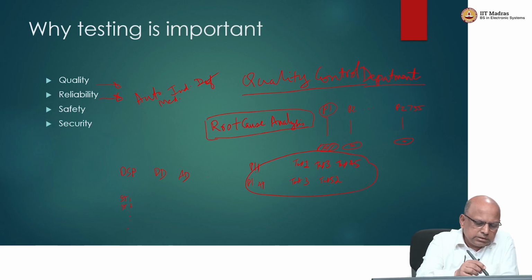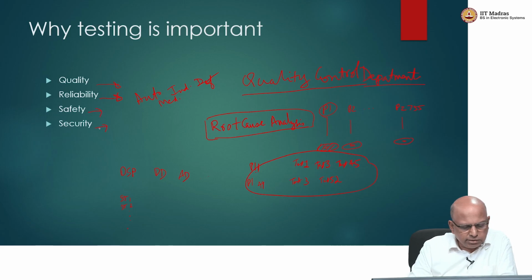Of late, there are two more terms that we talk about. One is called safety and the other is called security. Safety, I may have mentioned the word safety in the context of automotives. See, any product is likely to fail.